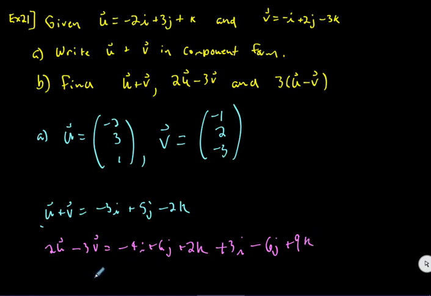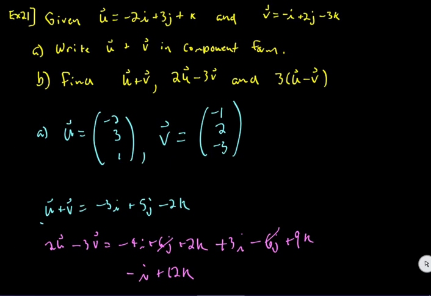And then we can add these together, and we get negative 4 plus 3 is negative i. The j terms, 6 and negative 6, cancel out, right? And then 2 plus 9 is plus 11k. Good, and there you go.